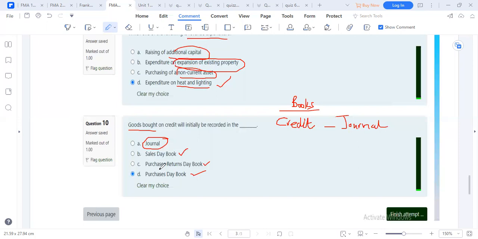Just a minute before we move on. You said 5 types of journals. We have the sales day book and the sales returns day book.